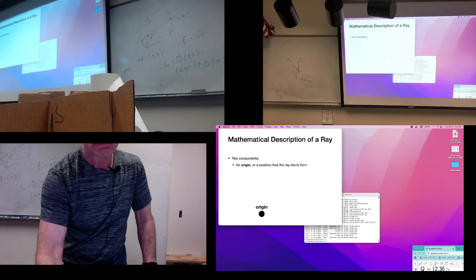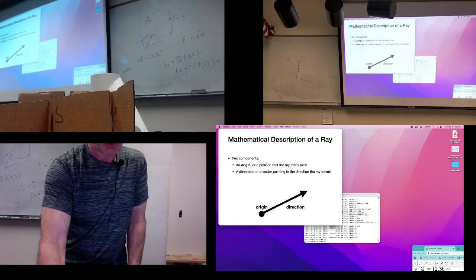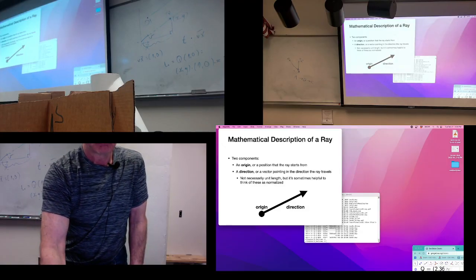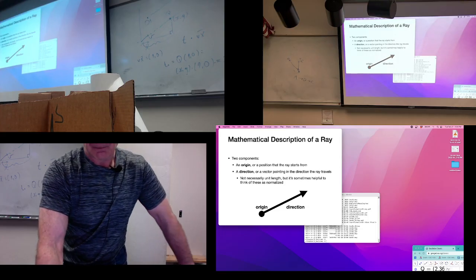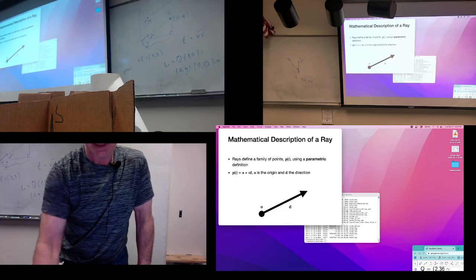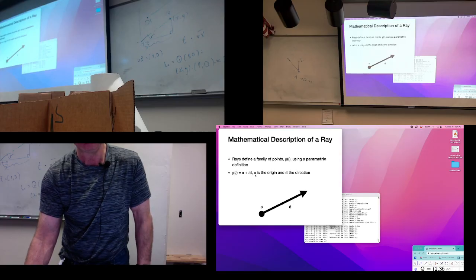Defining a ray: the origin, we know it, that was O, and the direction, a vector. It's convenient when it's unit length, though not crucial. Which point is it? P at time t is the origin plus the vector d times t.